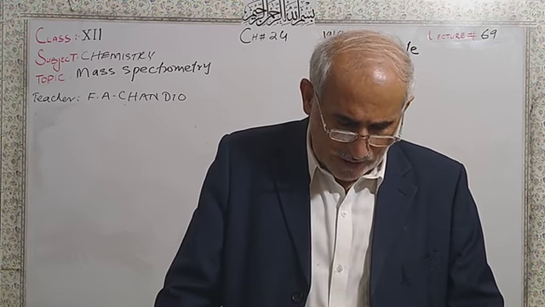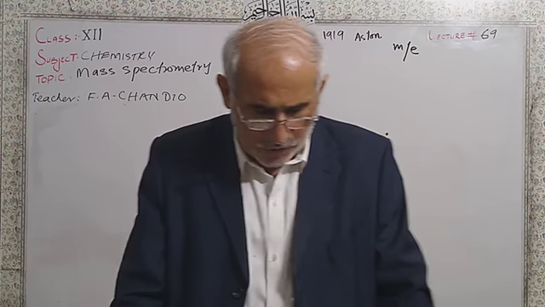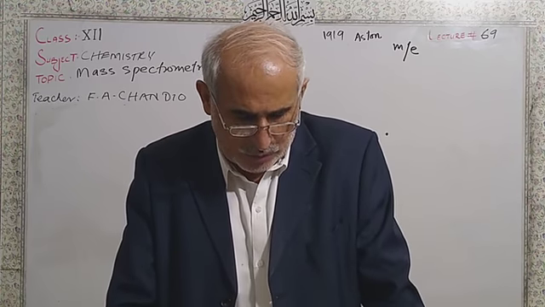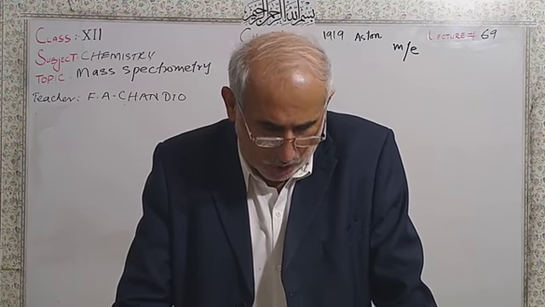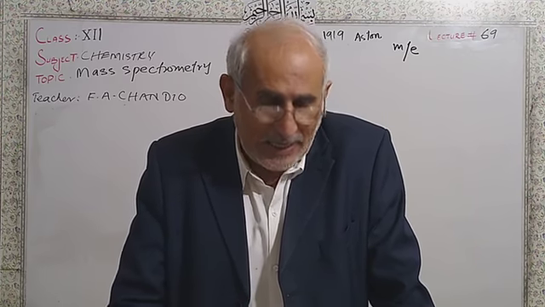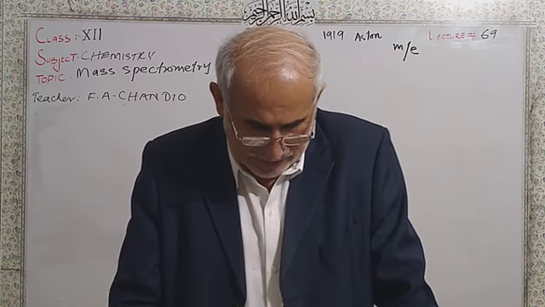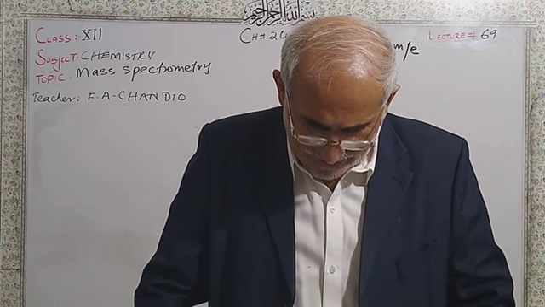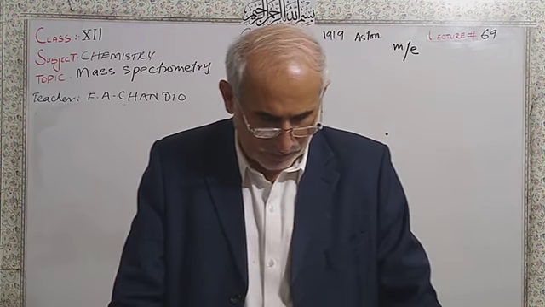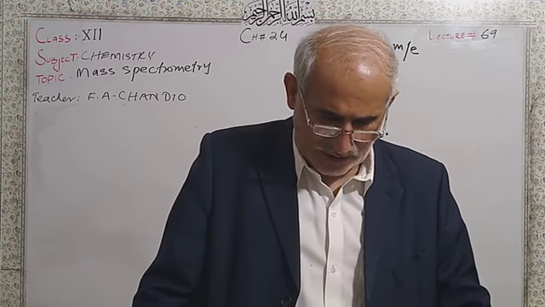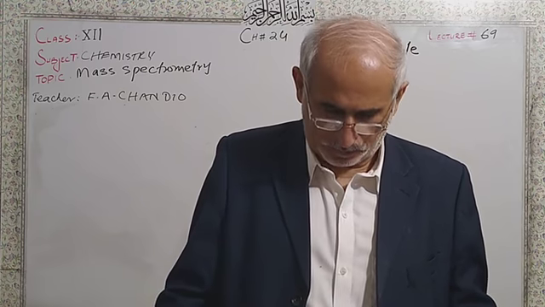Most organic compounds have an ionization energy of around 10 electron volts, or 964 kilojoules per mole. As a result of this, one of the electrons of the molecule is dislodged and a singly charged molecular ion is produced.